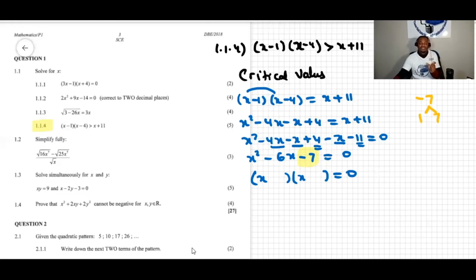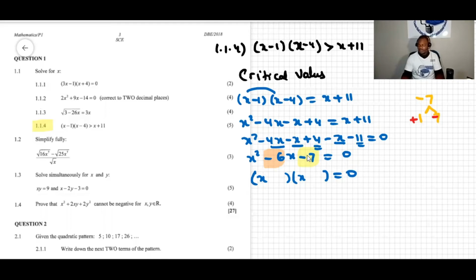Then, can we make a sum equal to negative 6, the coefficient of the middle term? Yes, we can, if we do positive 1 and negative 7, because 1 minus 7 makes negative 6, and of course, 1 times negative 7 makes negative 7.